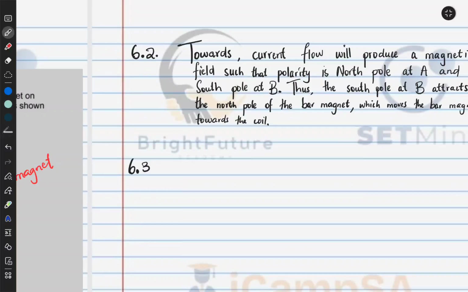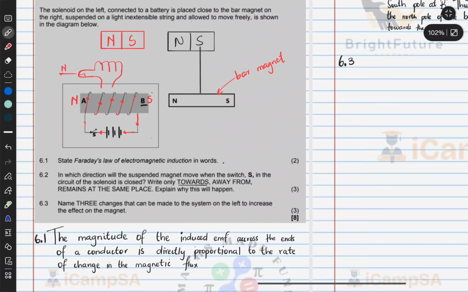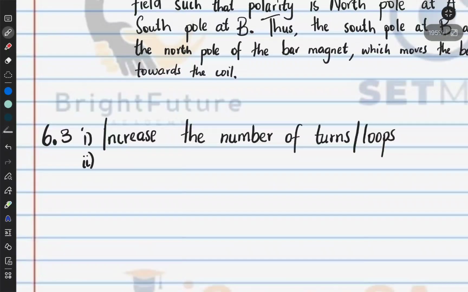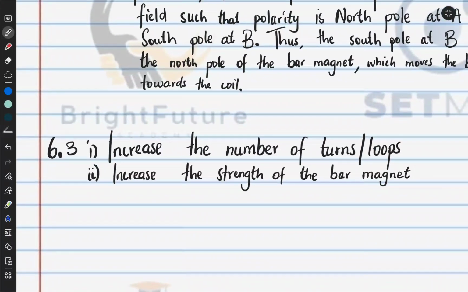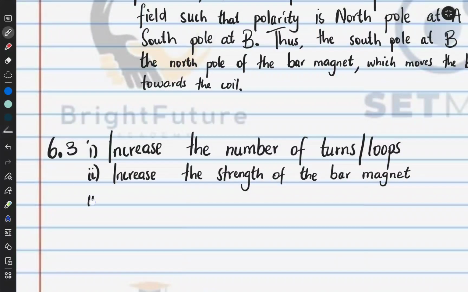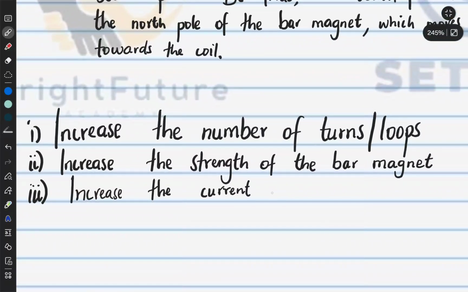So we said, first of all, increase the number of turns. That's one good one. Another name for turns is loops. Some people prefer using loops, some prefer using turns. And then we said we can also increase the strength of the bar magnet, use a stronger bar magnet. And then we can also increase the current in the solenoid.